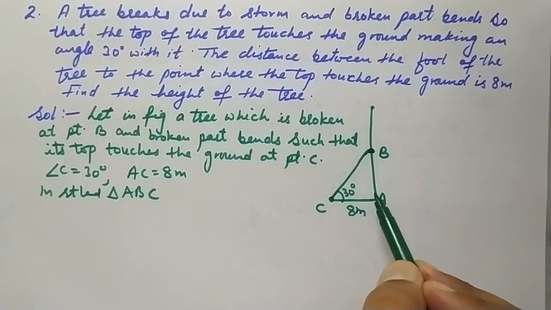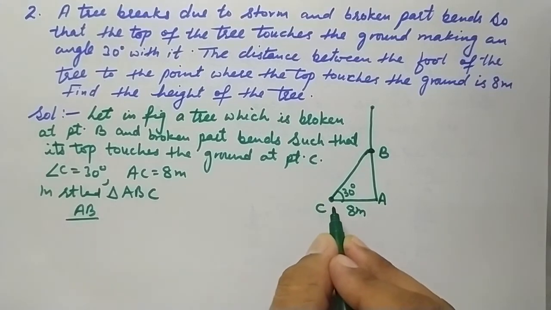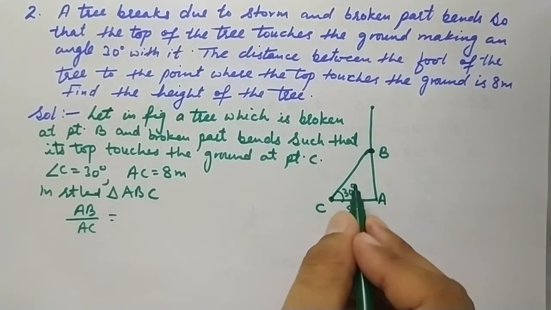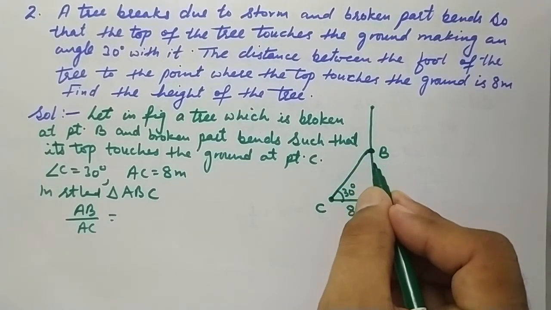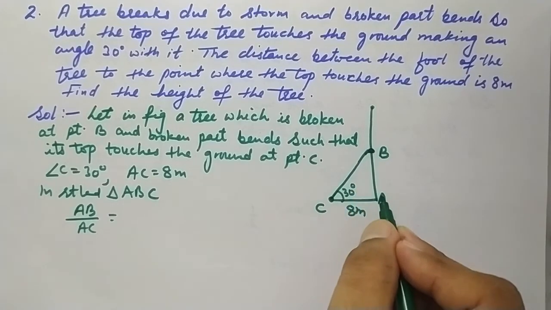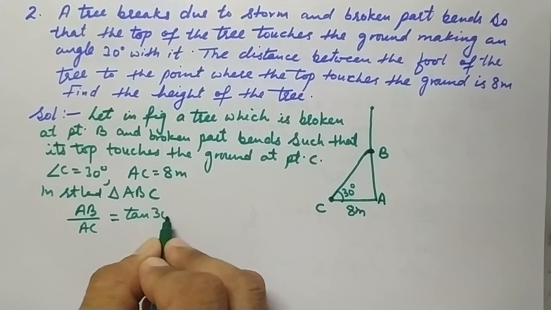Suppose I need to find AB, so it is AB over what is given here, which I'll write in the denominator, that is AC. So AB over AC is perpendicular over base with respect to this 30 degree angle. So P over B is tan of the angle, so it will be tan 30.